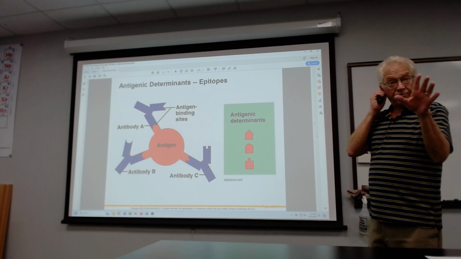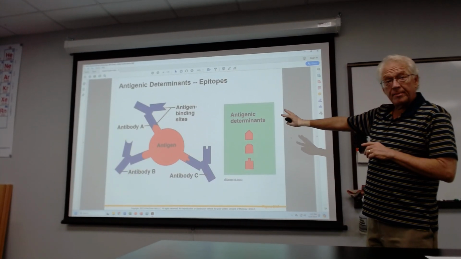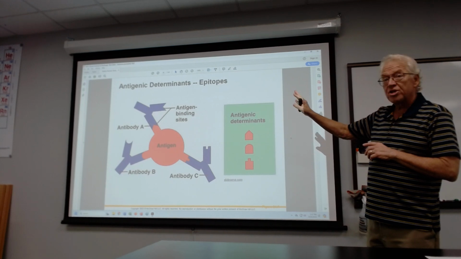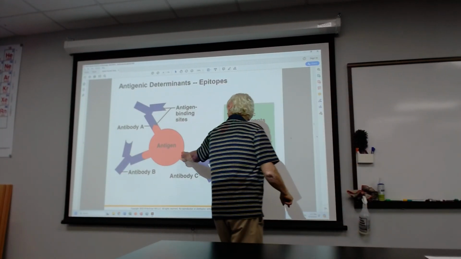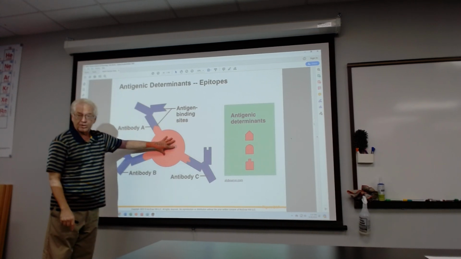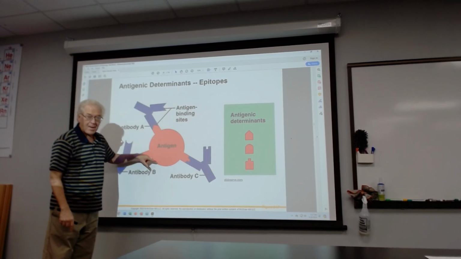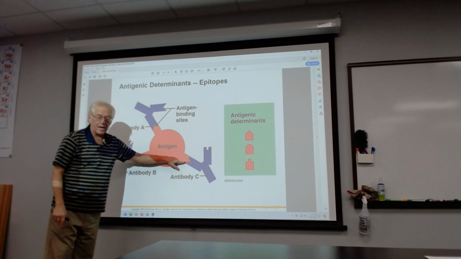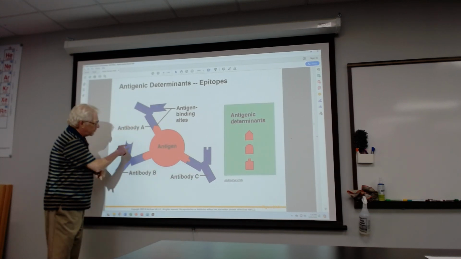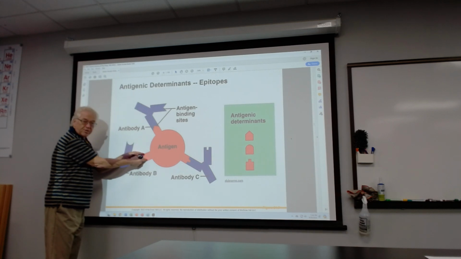Just as a review, remember we talked about, I think last time, the epitopes or the antigenic determinants are the outside proteins of an antigen. So it doesn't have to be the whole bad guy, it's just a piece of the bad guy that these Y-shaped antibodies are specifically designed to attach to.